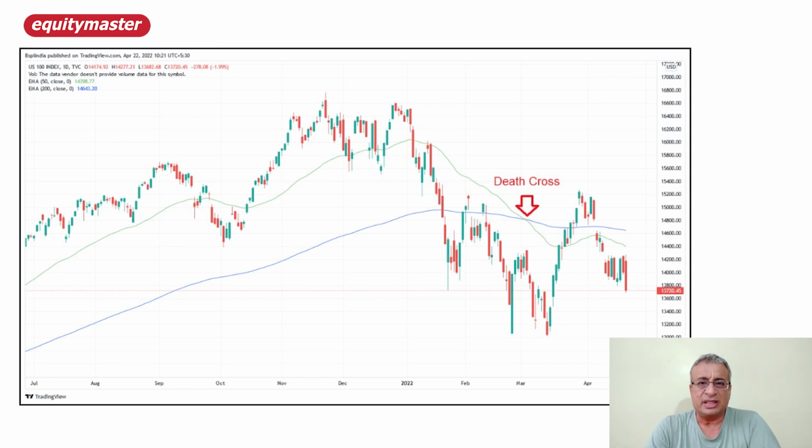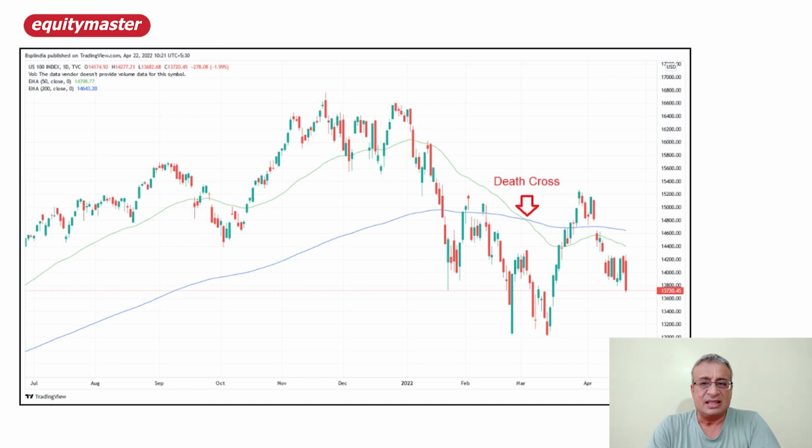The death cross is when the 50-day moving average, which is a proxy for the medium-term average holding cost of a delivery-based buyer, falls below the 200-day moving average, which is a proxy for the long-term holding cost of an average buy and hold investor.